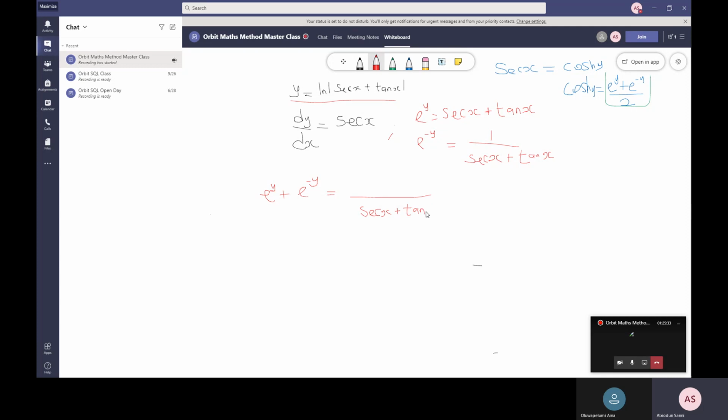So I have to multiply sec x plus tan x times sec x plus tan x here. That will be sec squared x plus 2 sec x tan x plus tan squared x, then plus 1.